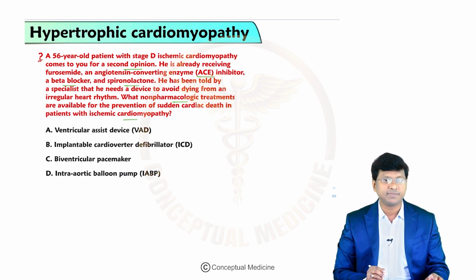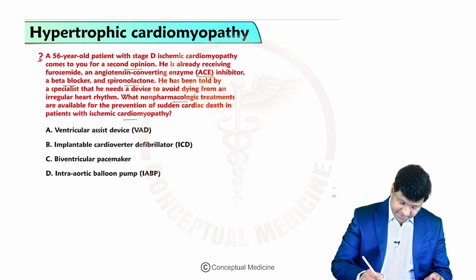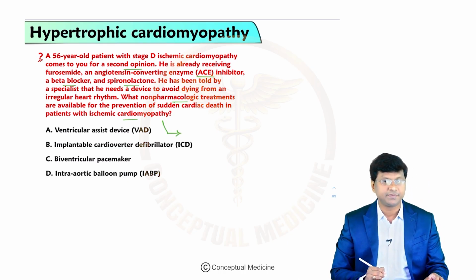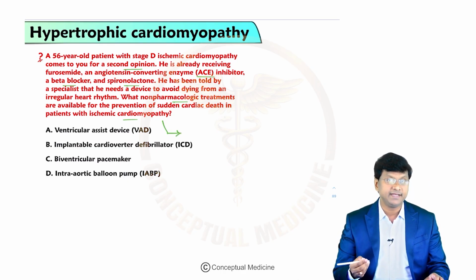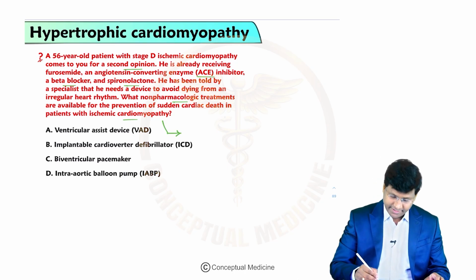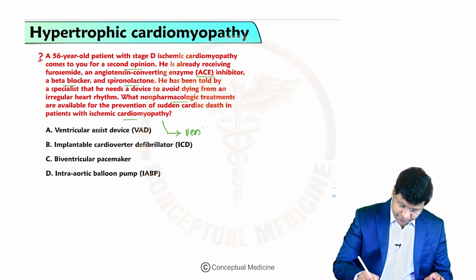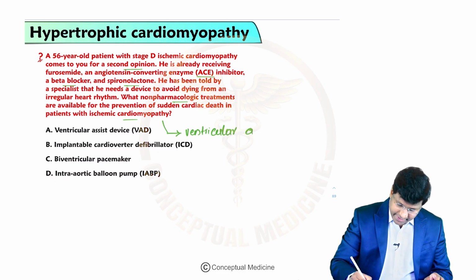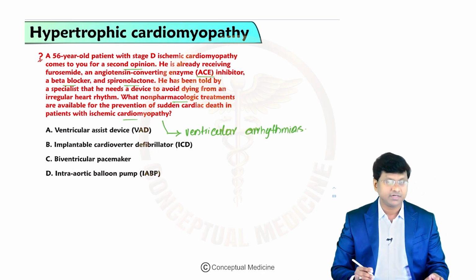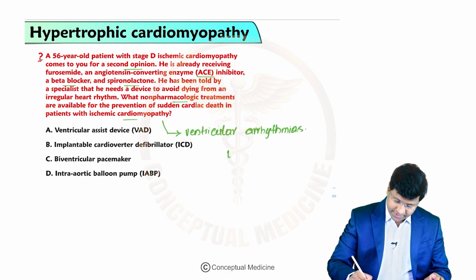Ventricular assist device, implantable cardioverter-defibrillator, biventricular pacemaker, intra-aortic balloon pump. See, these patients with ischemic cardiomyopathy can have malignant ventricular arrhythmias, right? So they are predisposed to the development of ventricular arrhythmias, which include VT or VF.